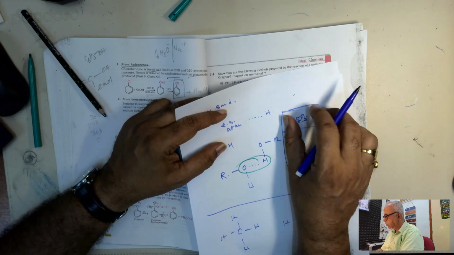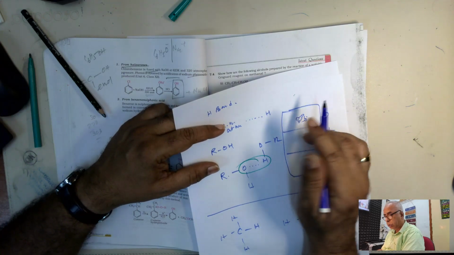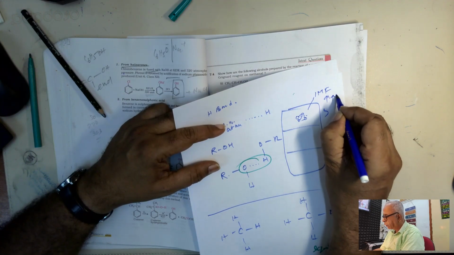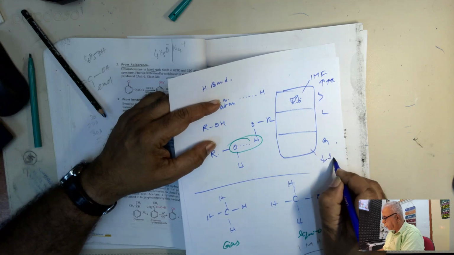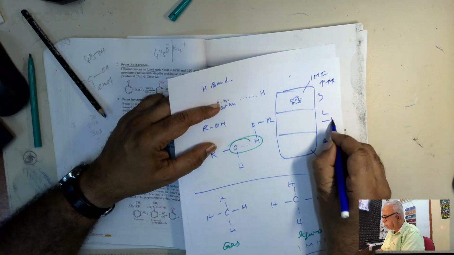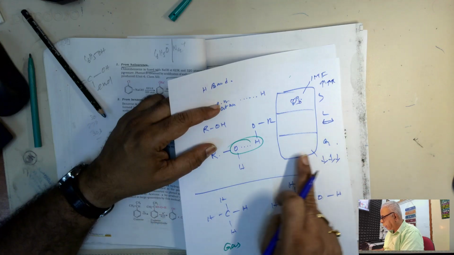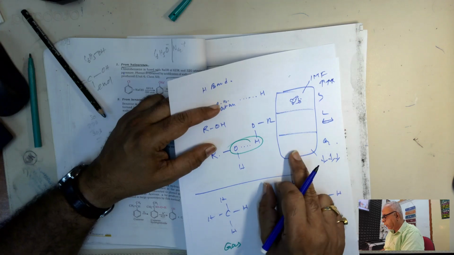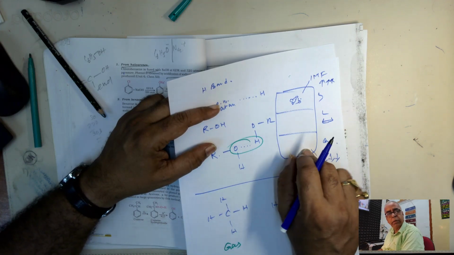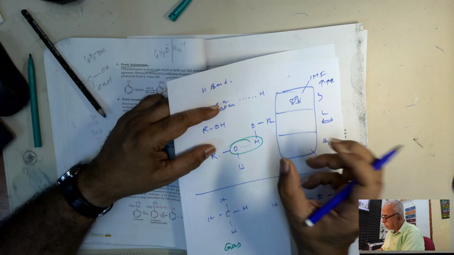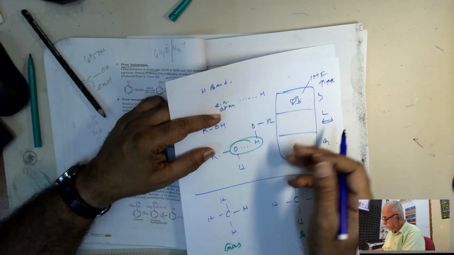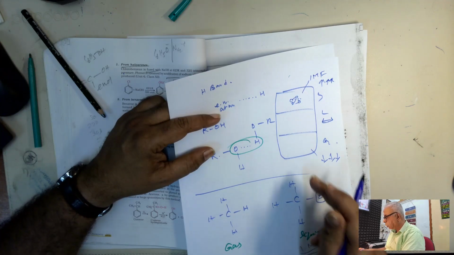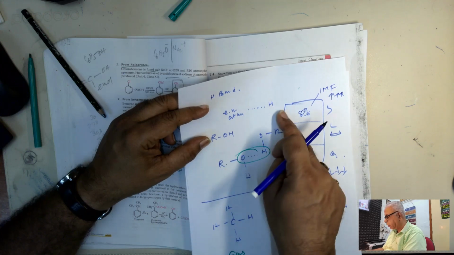In the case of gas, it is very low, and that is why the rate of diffusion is very high, so it behaves like a gas. In the case of liquid, it is in between. There is some intermolecular force of attraction, and on top of that you have intermolecular hydrogen bonding because of the presence of oxygen. That is why I have explained here how this hydrogen bonding is developed.